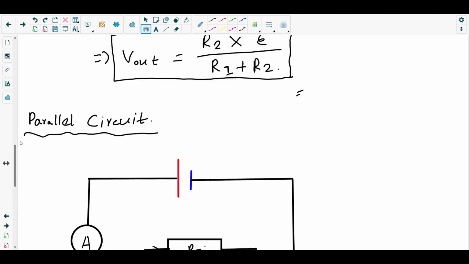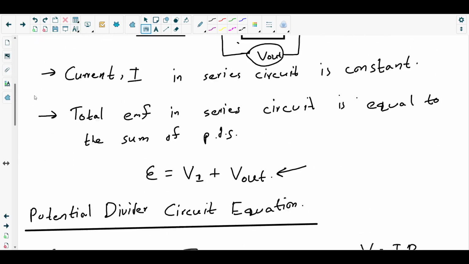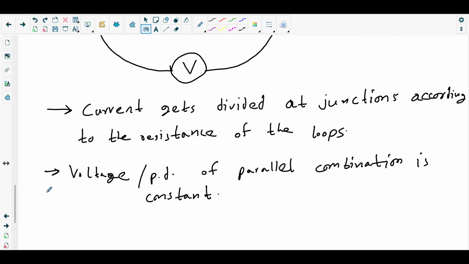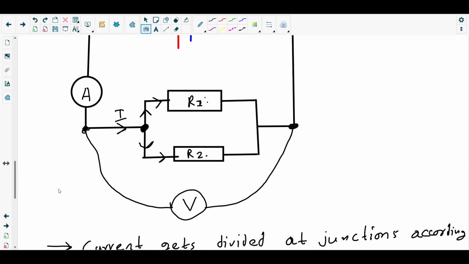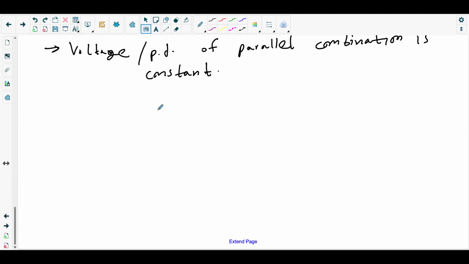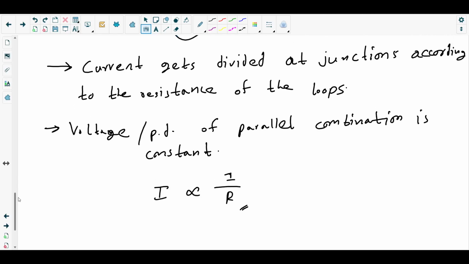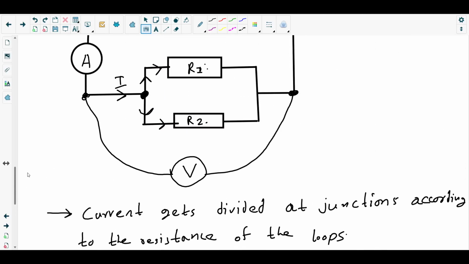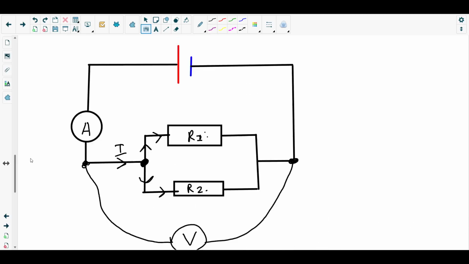That's why the current flowing through a loop is inversely proportional to the resistance, like I is proportional to 1 over R, because voltage is constant. So this is Kirchhoff's current division rule, the application of Kirchhoff's law in a parallel circuit.